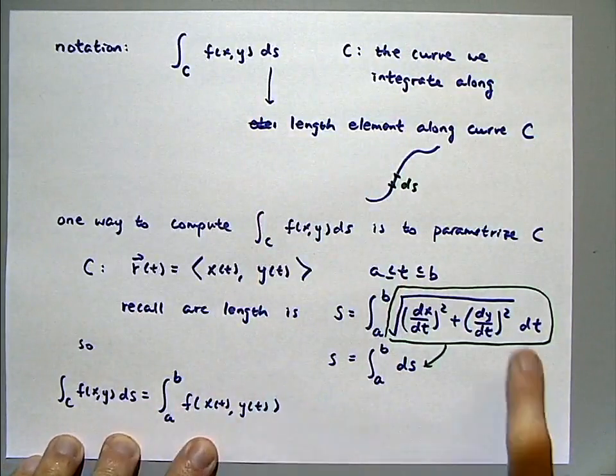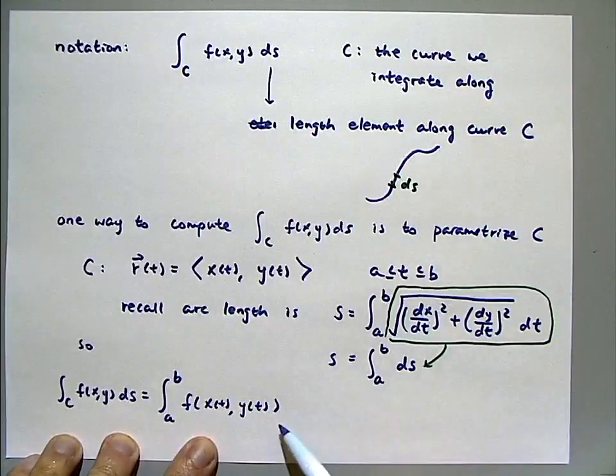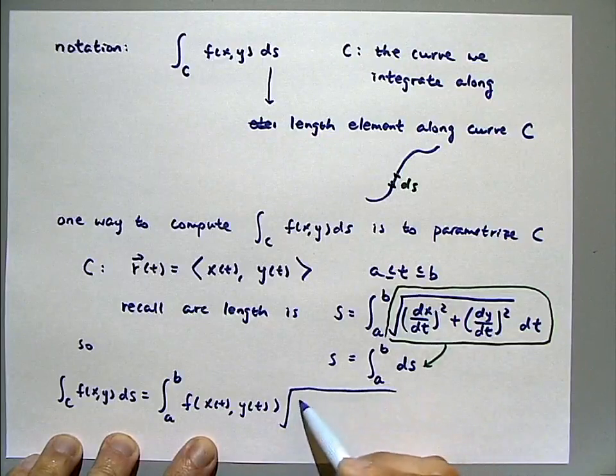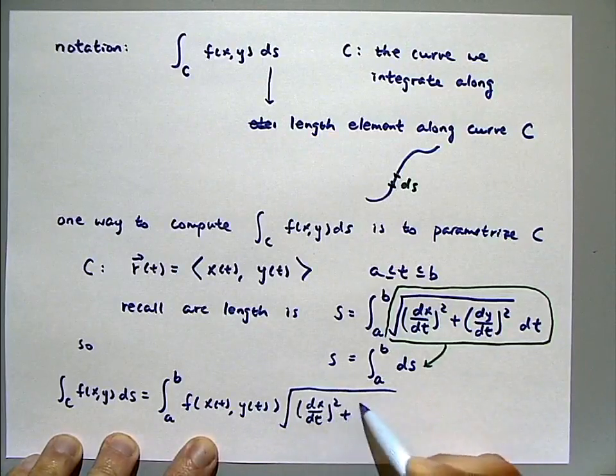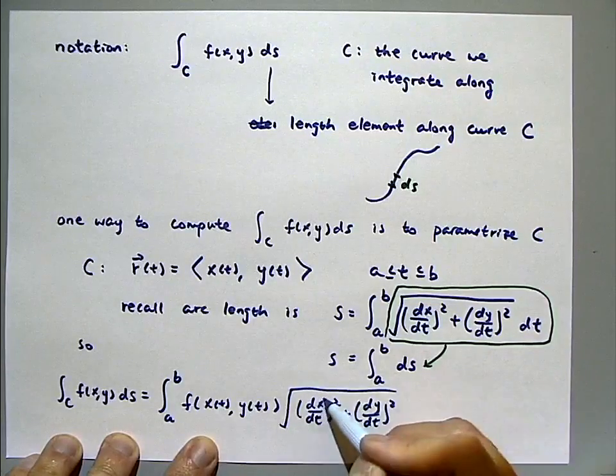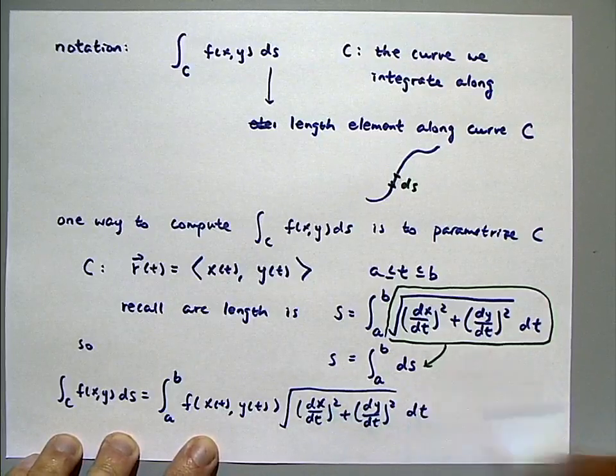And then ds, we'll borrow this expression here, square root of (dx/dt) squared plus (dy/dt) squared, dt.